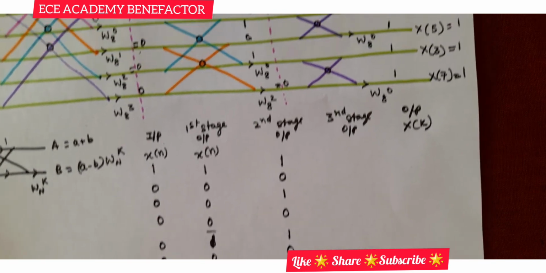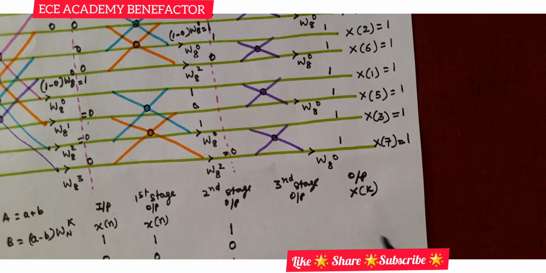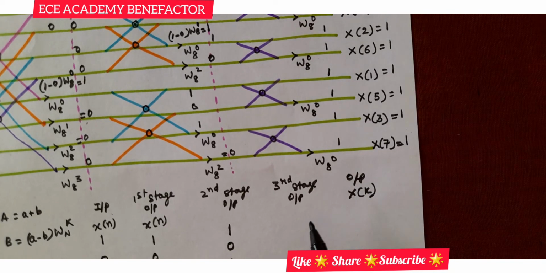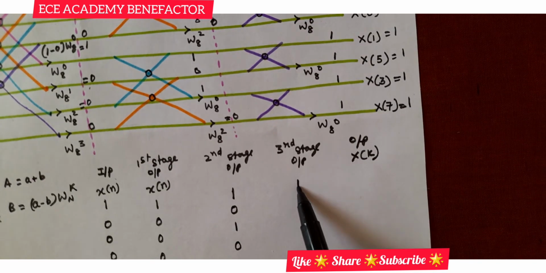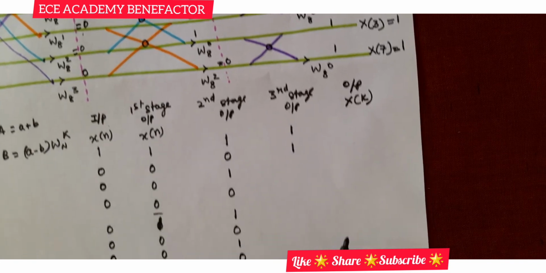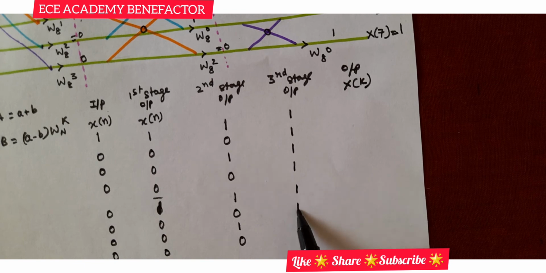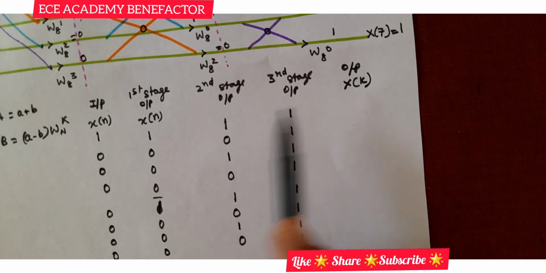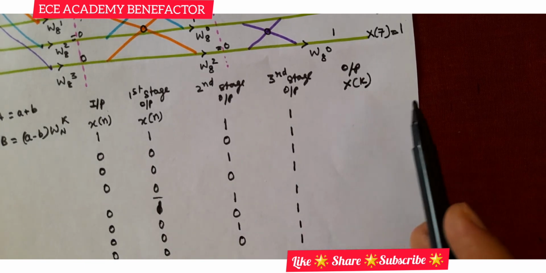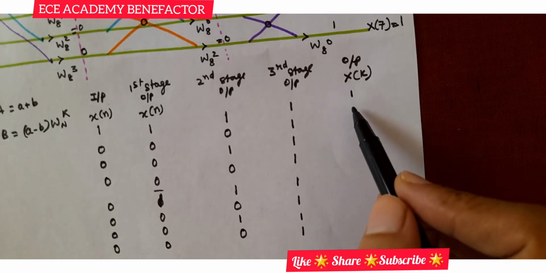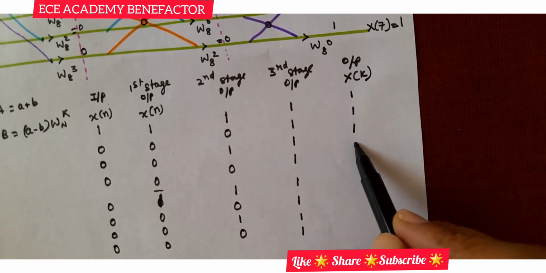Now output of third stage, what is output of third stage? All are coming ones. All are coming 1. That is same, the output of third stage is same as your x of k. So what is x of k? All are 1.